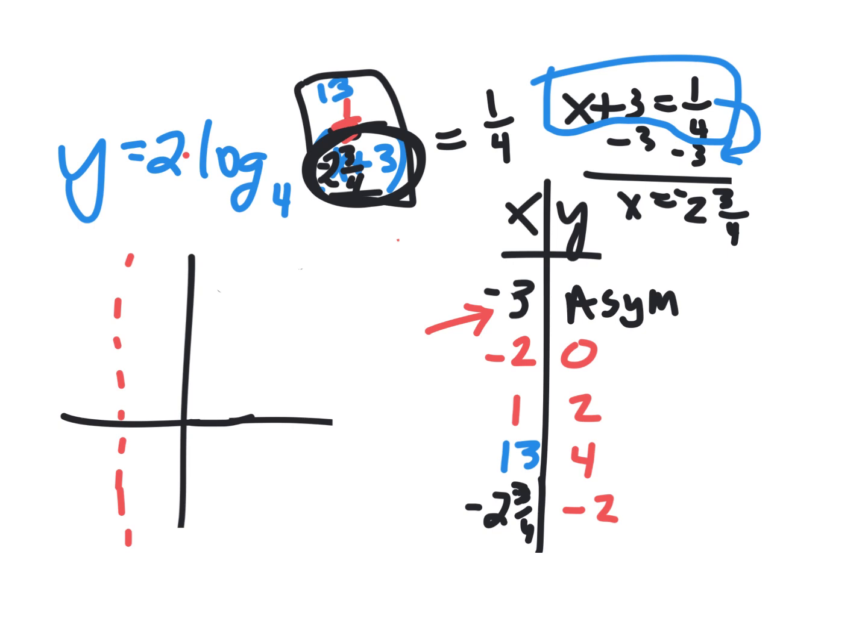Okay, here's what it should have looked like. That's 13.4. It's really hard to know, right? But -3 is where the asymptote was.